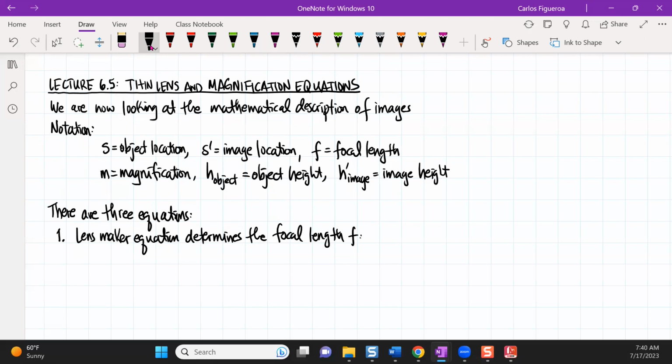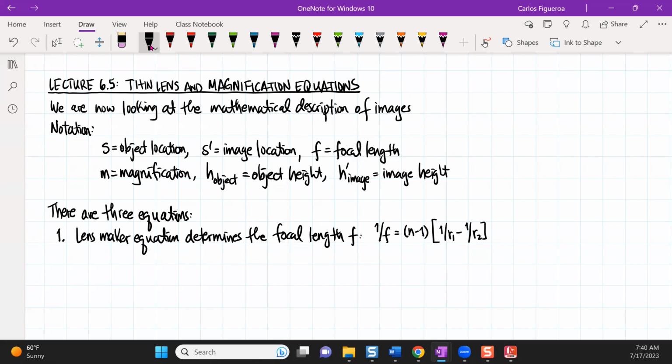In this equation, we saw that 1 over f is equal to the index of the lens times the product, the sums, or the differences of two radii of curvature.